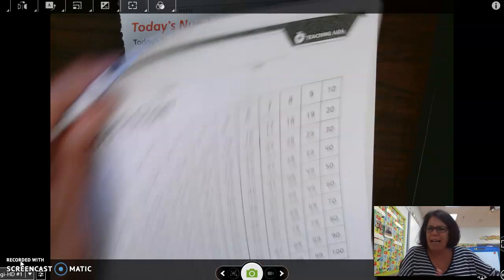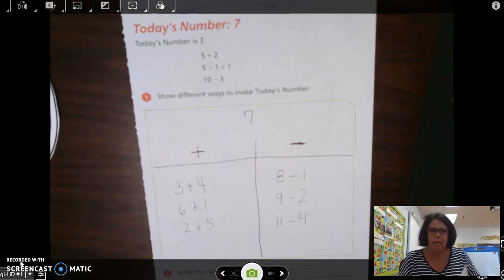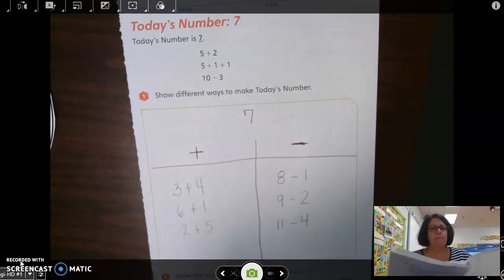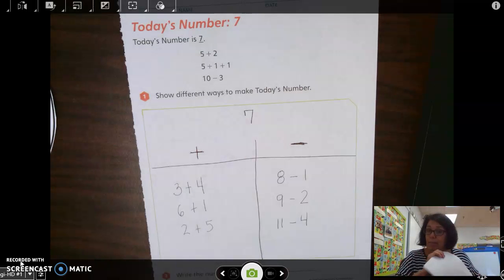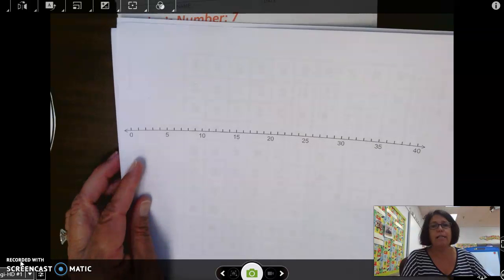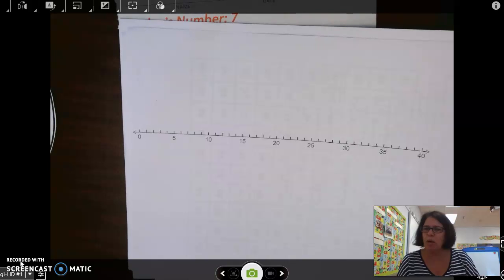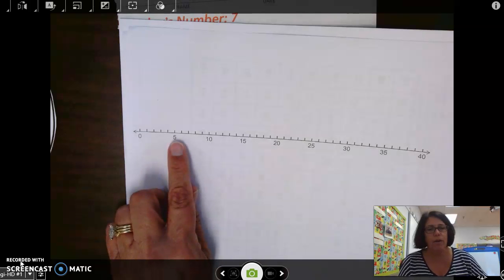Alrighty, now you might have decided, I think I might like to use my number line. Your number line is on the back of your hundreds chart. I had an equation of 8 minus 1. So does 8 minus 1 equal 7? Let's take a look. Here we are at 5.